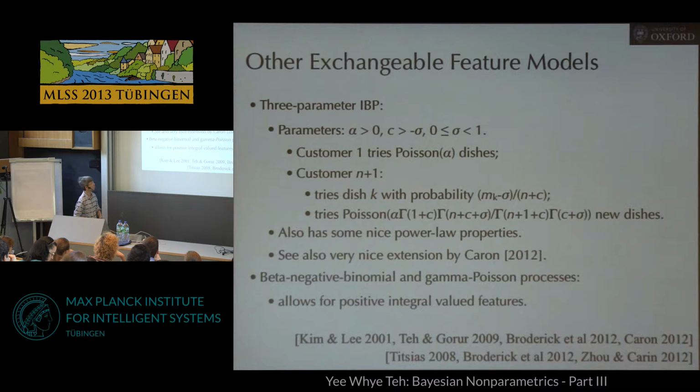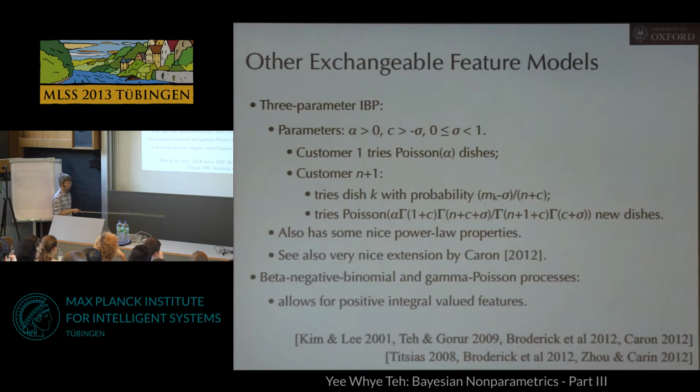That's one possibility. Another possibility is to allow for counts. There have been two generalizations, which I think are quite related: one called the gamma Poisson process, and the other the beta negative binomial process.